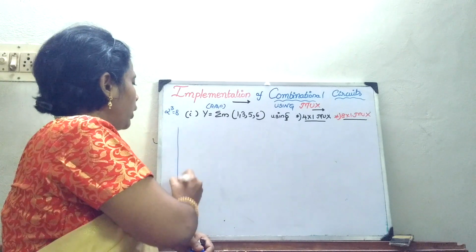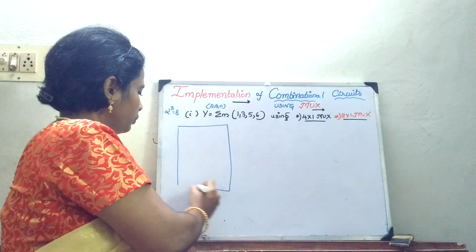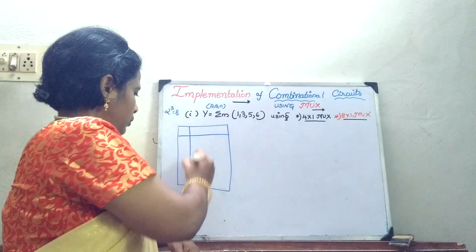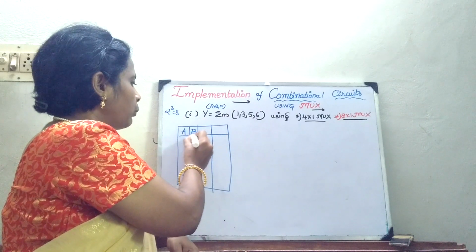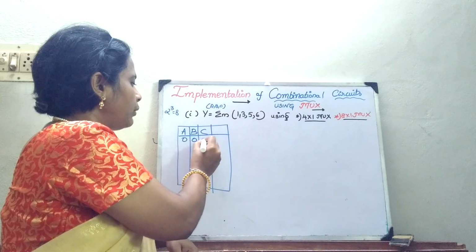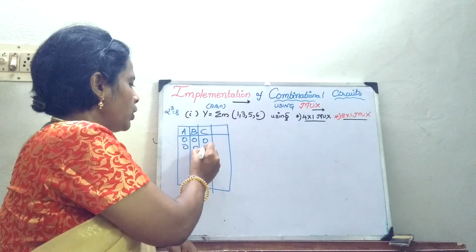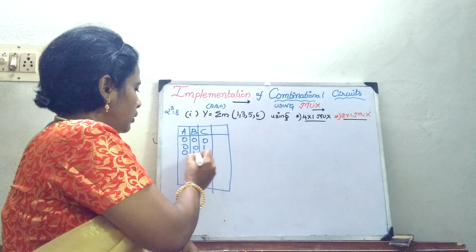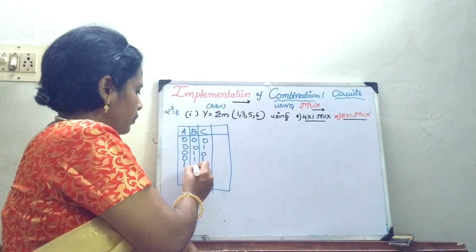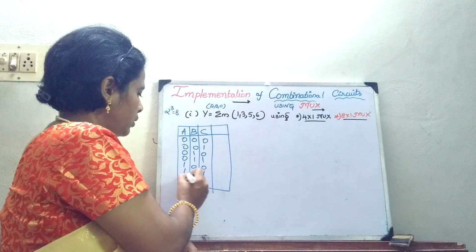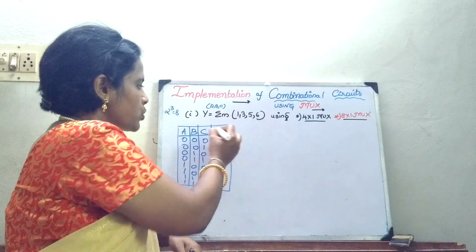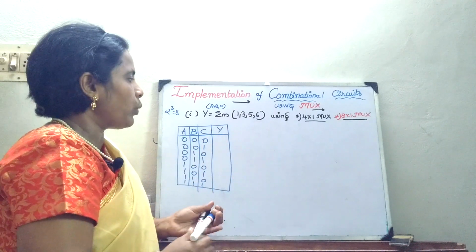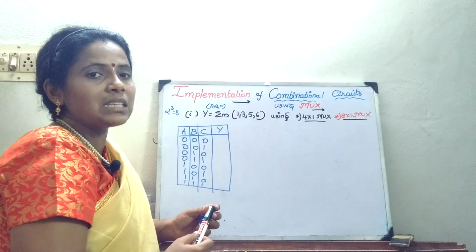Whenever I write the truth table, I have the variables A, B, C. With 3 variables, I will have the 8 combinations from 0 to 7. And the output is going to be Y. What does the output indicate?